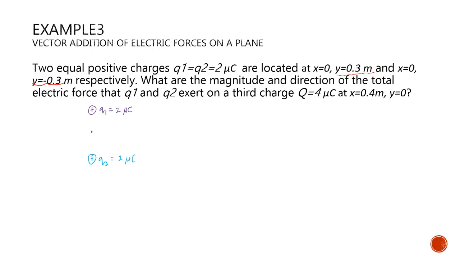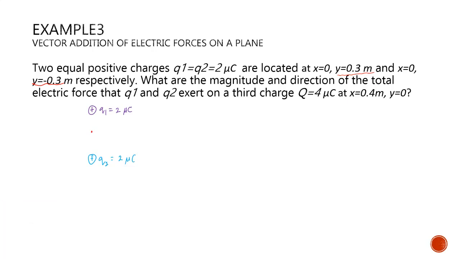Then, what are the magnitude and direction of the total electric force that Q1 and Q2 exert on a third charge, capital Q, which has a magnitude of 4 microcoulombs and is located at 0.4 meter, 0. So that's along the x-axis, somewhere here.